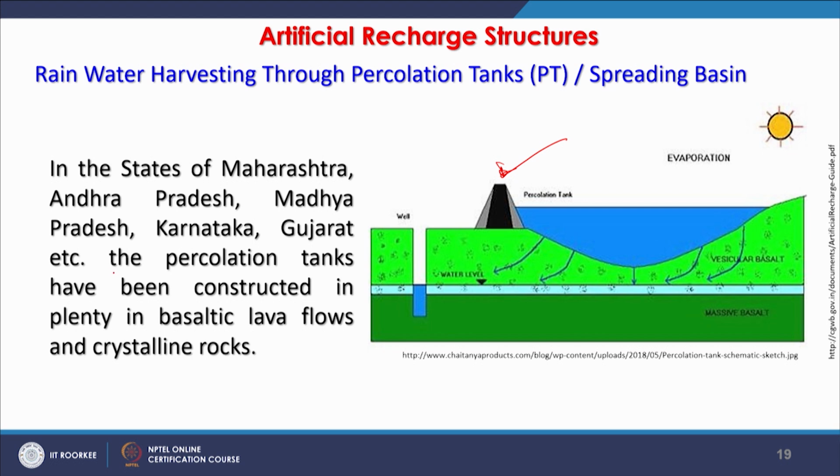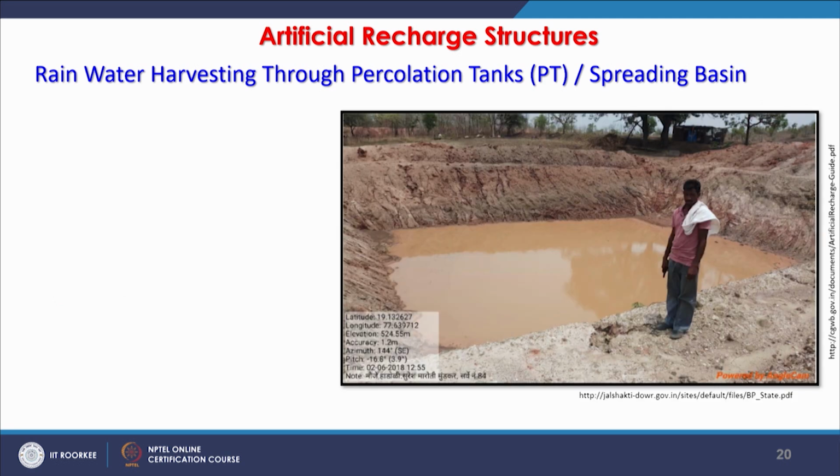So, in Karnataka the percolation tanks have been constructed in plenty, even in the basaltic lava flows and crystalline rocks. So, you have hard rocks or igneous rocks which have water only on the surface, but whatever water is going as waste, if we can hold it for some time, I am sure it will recharge our groundwater regime.